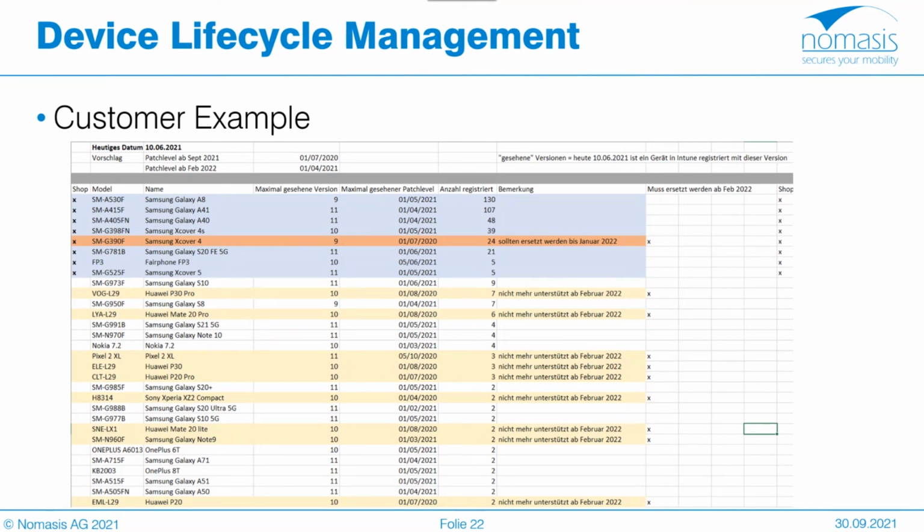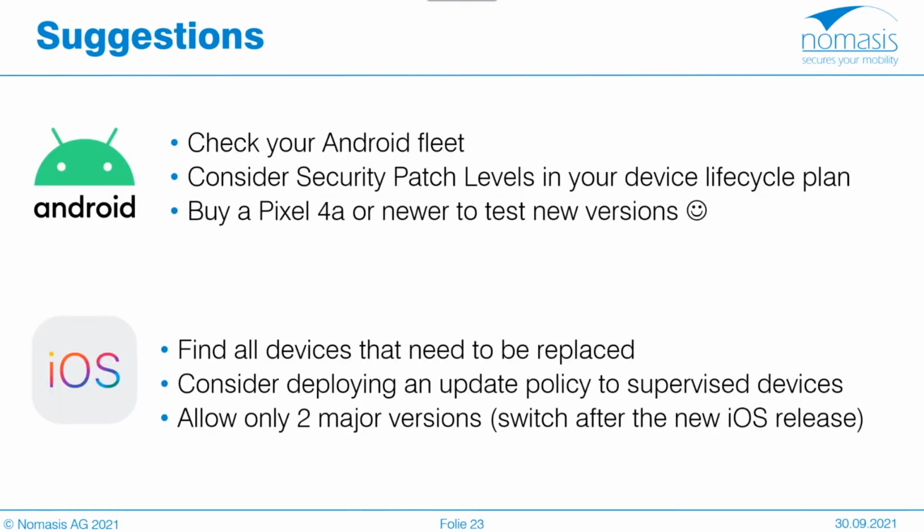And the same goes for iOS. So we recommend to only allow 2 major versions, which means now we would recommend for iOS to only support iOS 14 and 15, and always switch after the new iOS releases are introduced.